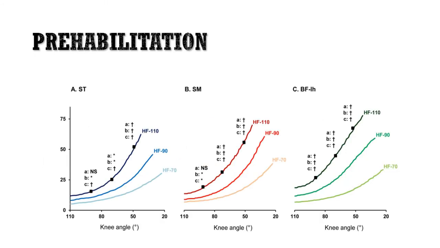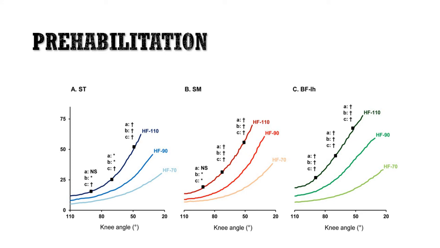So this is the output of a study, and I will upload the study onto Brightspace, that looked at the EMG activity and also compared this with ultrasound analysis of the 3 different hamstring muscles.